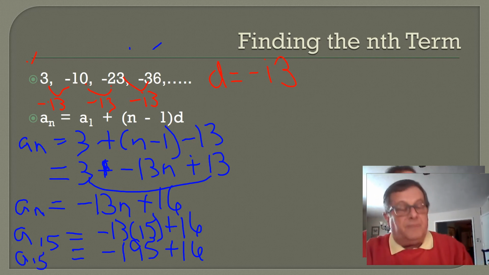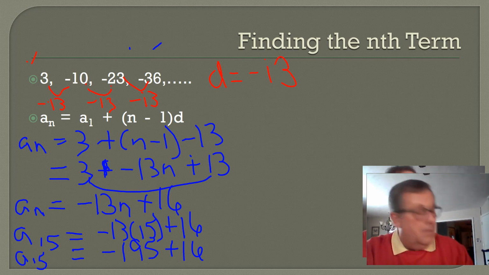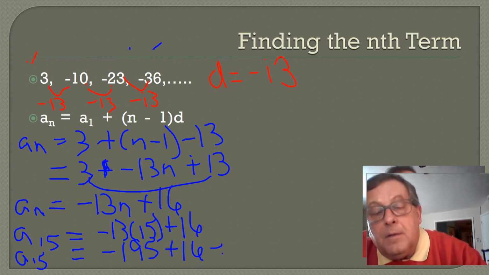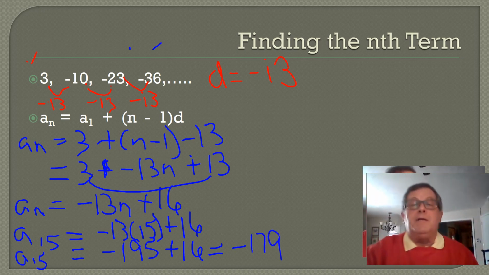So let's see, negative 195 plus 16 equals negative 179. So in this particular sequence, a sequence that starts with the number 3 and has a common difference of negative 13, the 15th number in that sequence would be negative 179. Shazam, we're done.